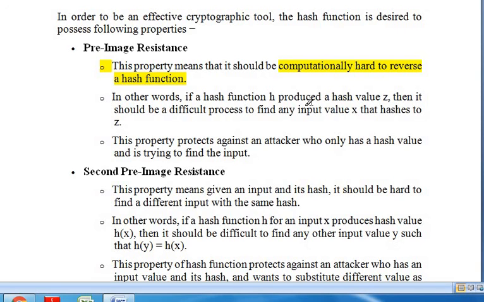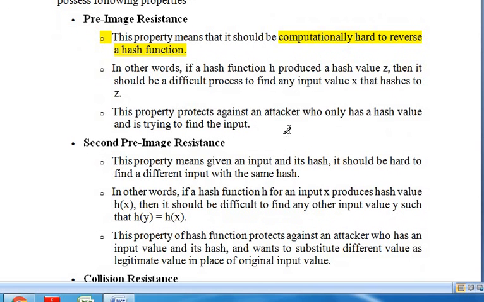So if we know the hash value, it is very difficult to predict the source, what the input is. The hash function can produce different hash values or the same hash values for a different input or the same input at a particular time. That is what pre-image resistance is.